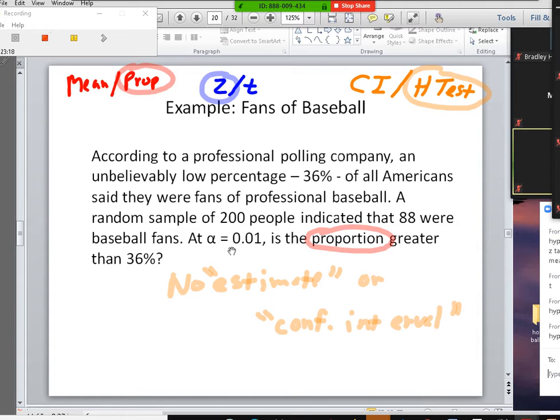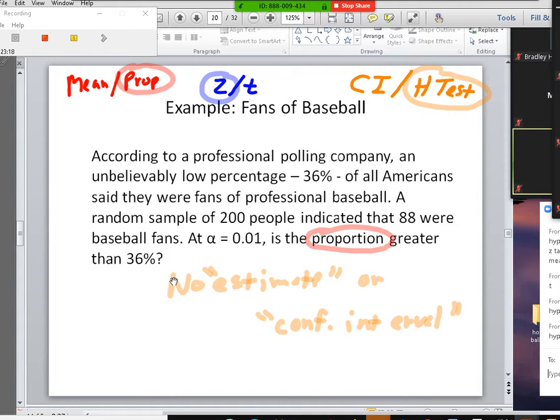And here's the thing: is the proportion greater than? So it's asking, here's the question: is it greater than? The other thing is that hypothesis tests will always have a question, whereas general confidence intervals will not have a question. The only thing that will have a question is that subset under confidence intervals of the find n.